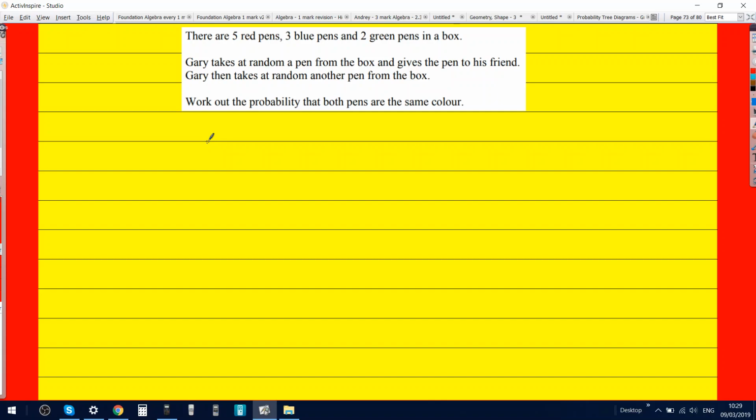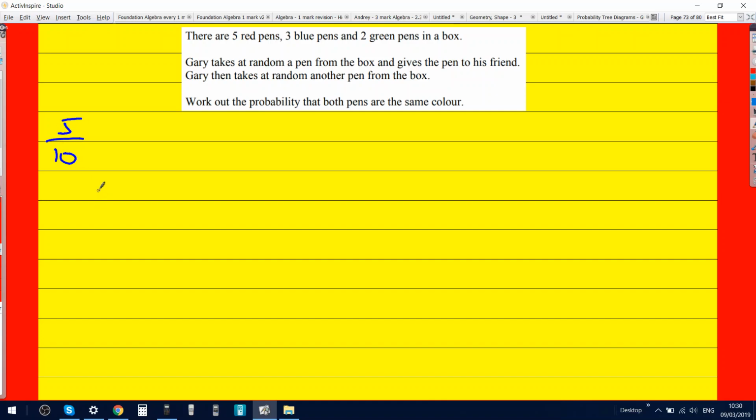I don't know where you're getting your denominators or numerators from. What's the probability he takes a red pen first? So if he takes 1 pen, would that be 4 over 10? There's more than 5 over 10. So that's 5 over 10.